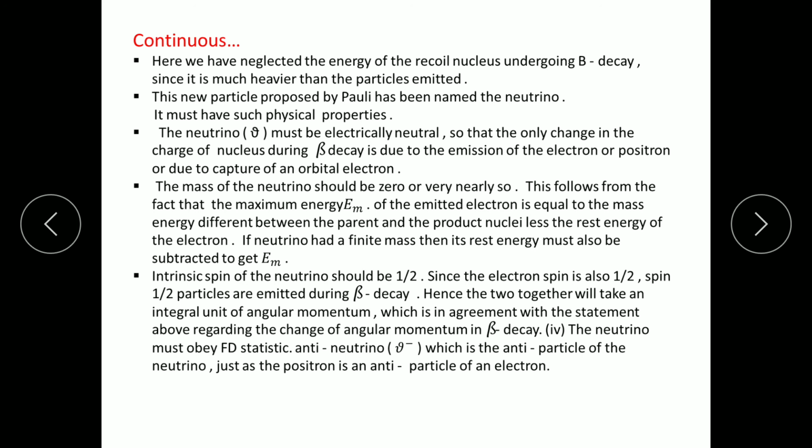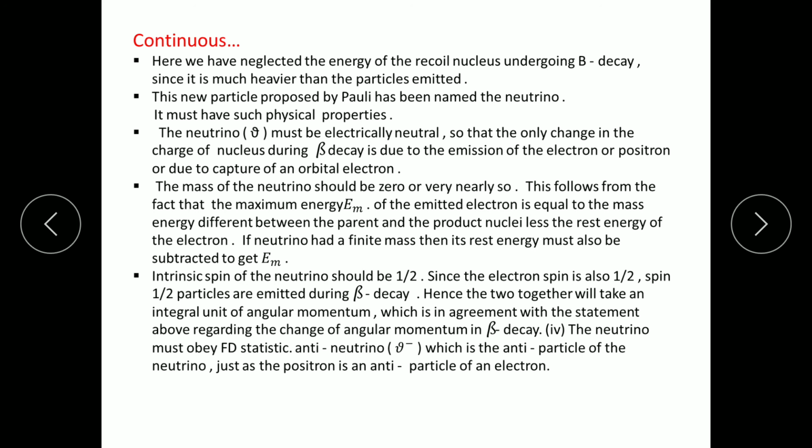Because when there is emission of an electron, its energy is the difference between the parent nuclear energy and the product nuclear energy, and that is less than the rest mass energy of the electron. But if the neutrino has mass, then we should also subtract that mass to get the maximum energy. That's why we consider the neutrino mass to be 0.